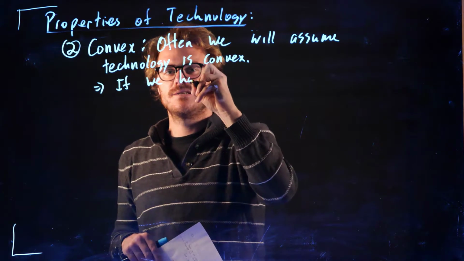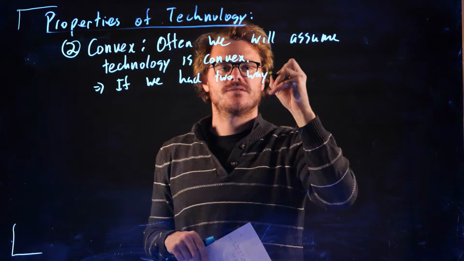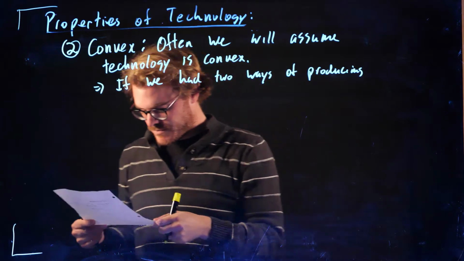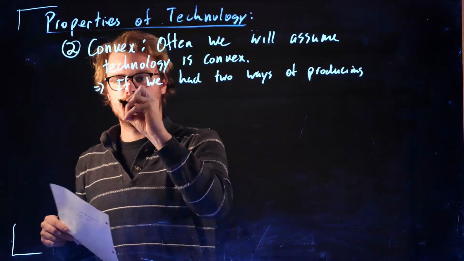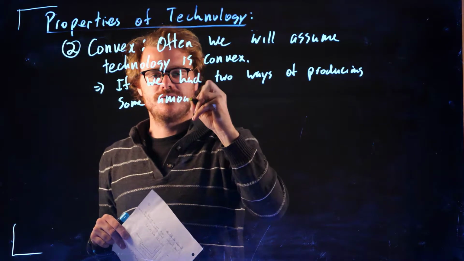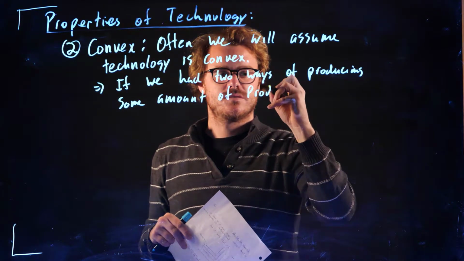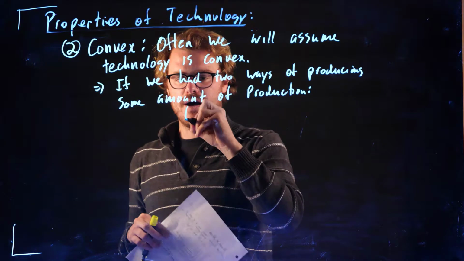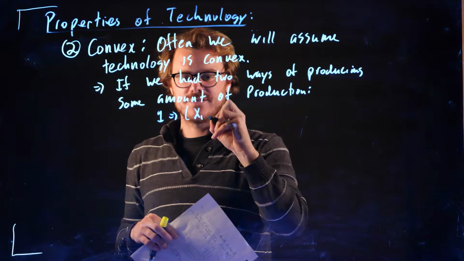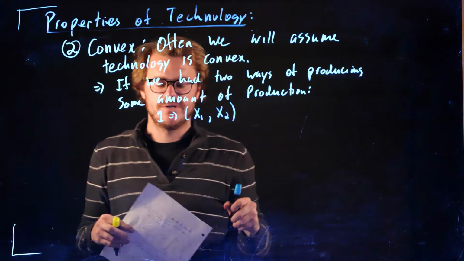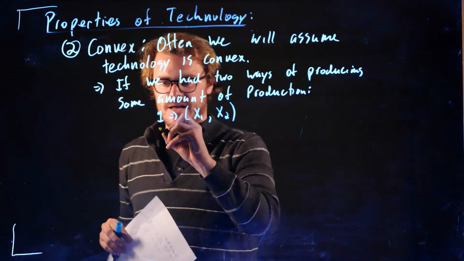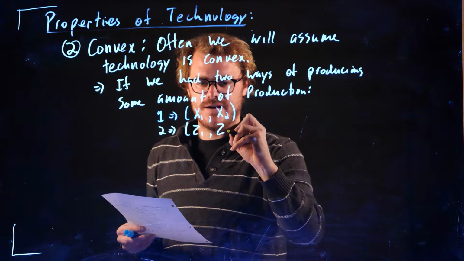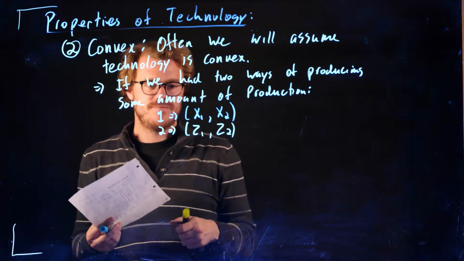If we had two ways of producing some amount of production, for example, method 1, which uses x1 units of input 1 and x2 units of input 2, and some other method which had z1 units of input 1 and z2 units of input 2.